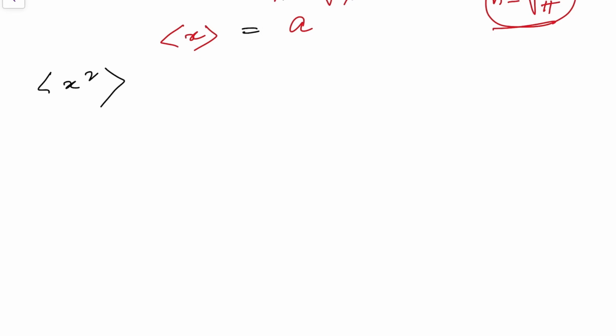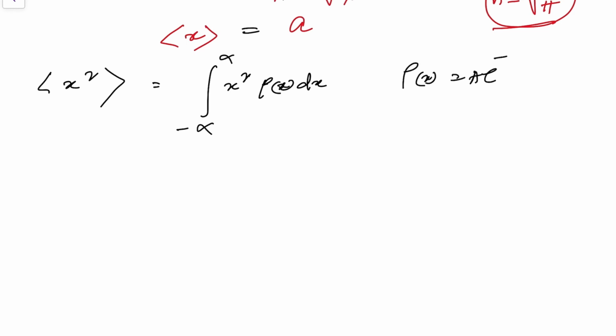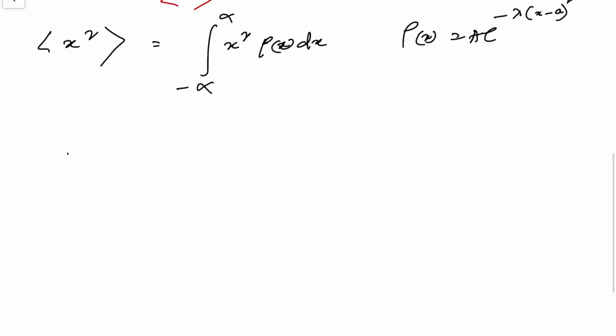Now to find the average of x square, what we need to do: minus to plus infinity, x square rho of x dx. We need to find this, and rho of x, we know, is a into e to the power minus lambda (x minus a) whole square. So what we're going to have here is the integral from minus to plus infinity.